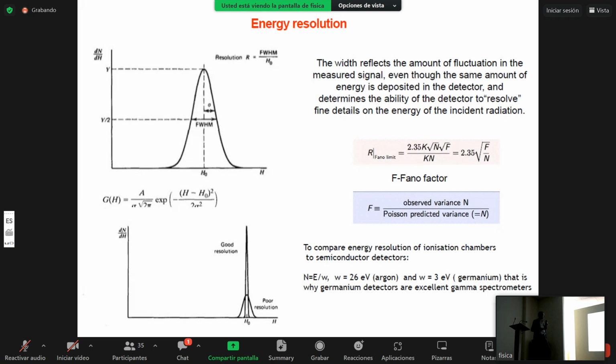That is why this energy resolution is better for germanium and also semiconductor detectors, because we have more charge carriers. This is because of Poisson statistics.